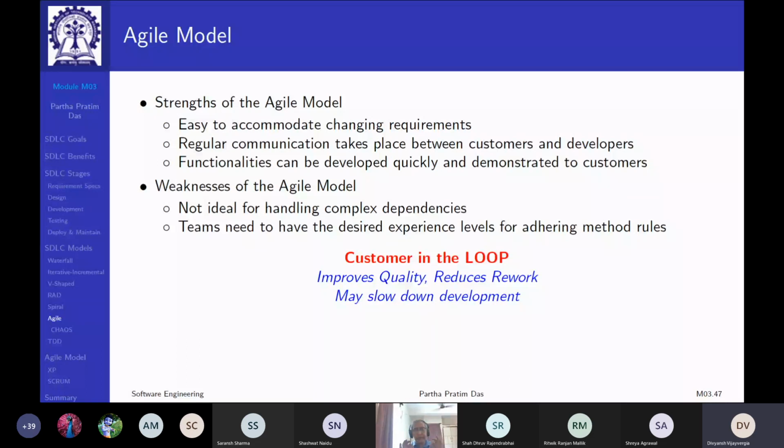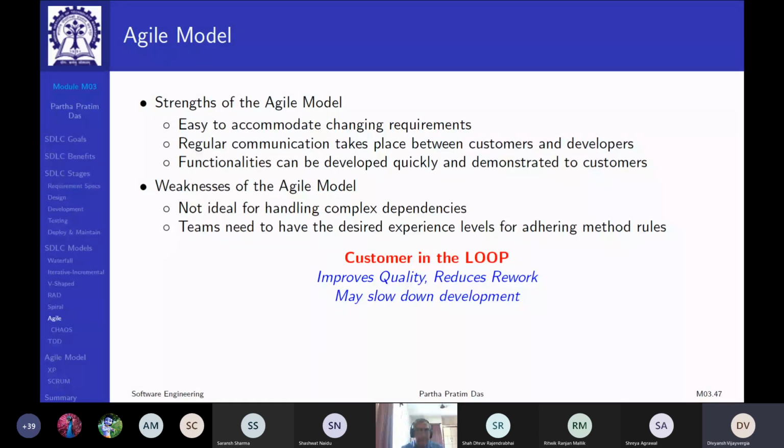But the weaknesses are, since you are agile, you are always running and doing things incrementally, which means the incremental unit is from month to week to day to hour. So you're trying to achieve certain targets in a very small span of time.